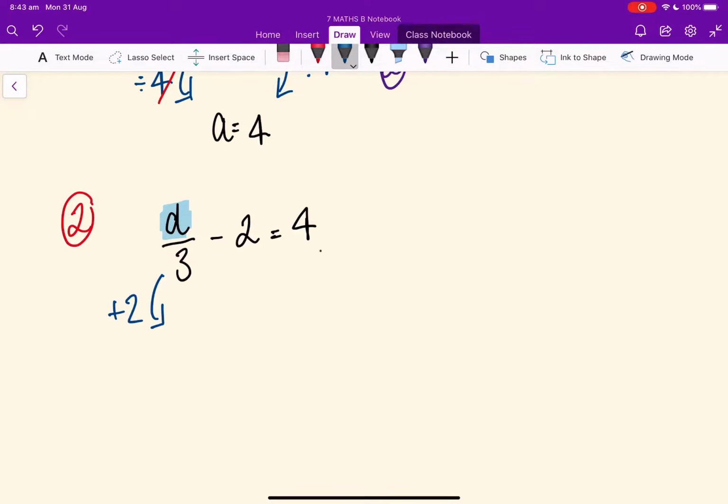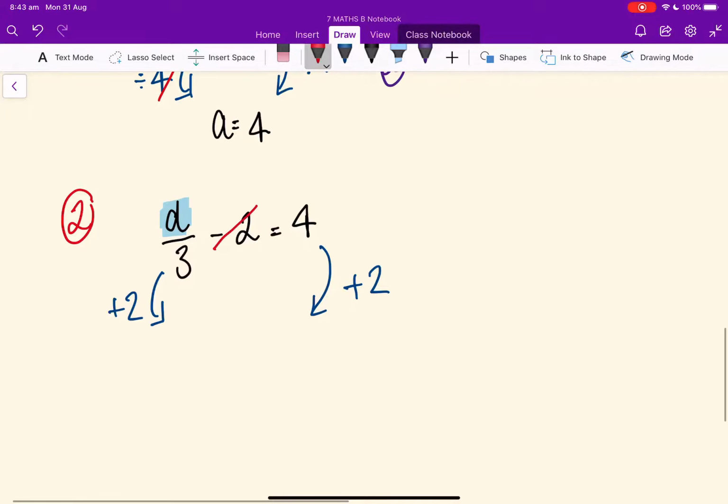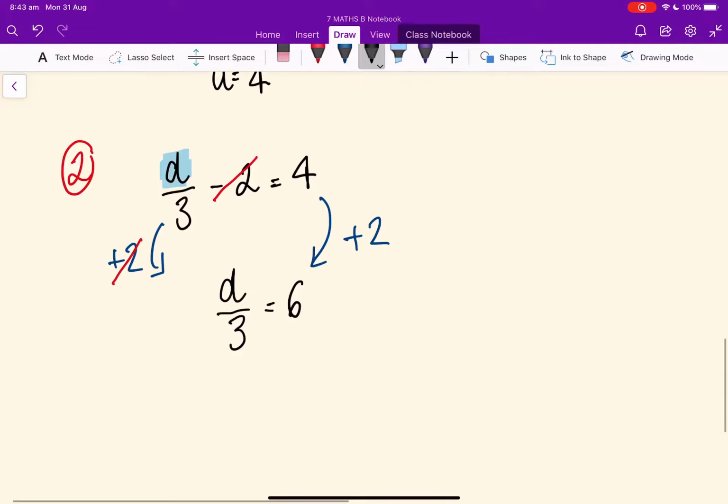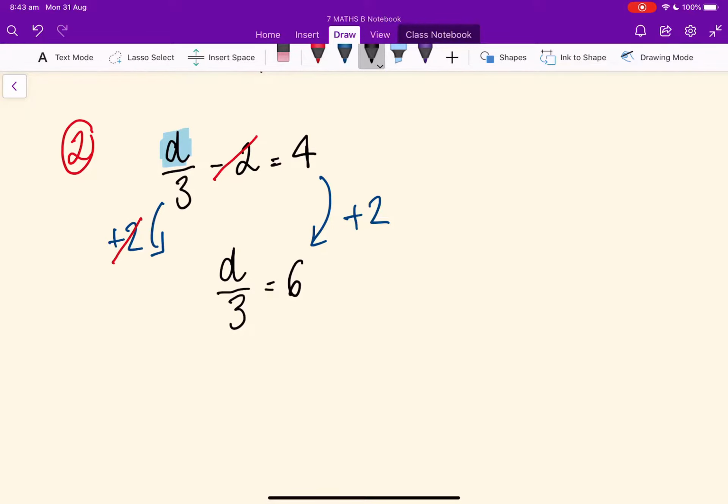Plus 2. Plus 2. Cross out my 2 on this side. Now I'm left with d over 3 equals 6. Okay, now can you notice here my 3 is basically being divided. So what I'm going to do is the opposite of division, which is to multiply.